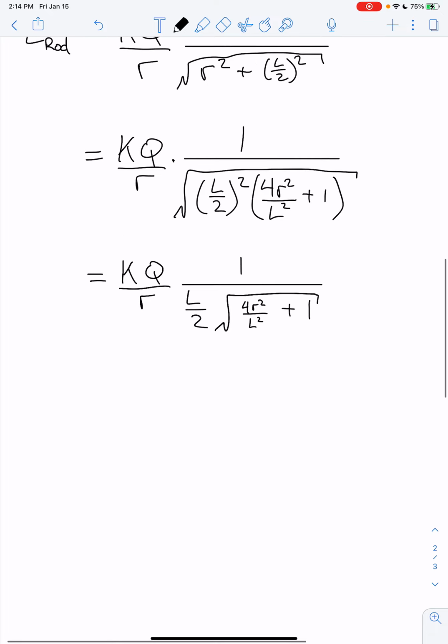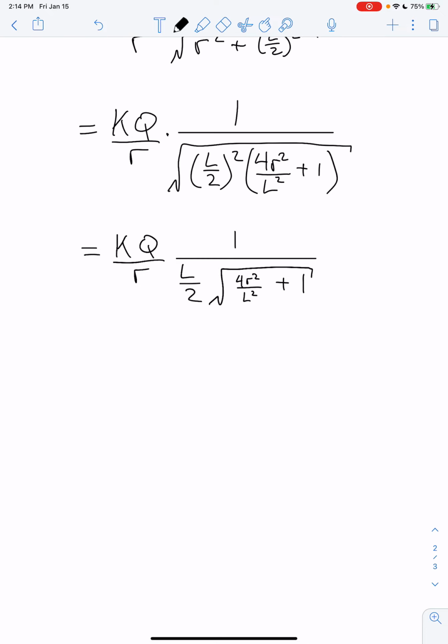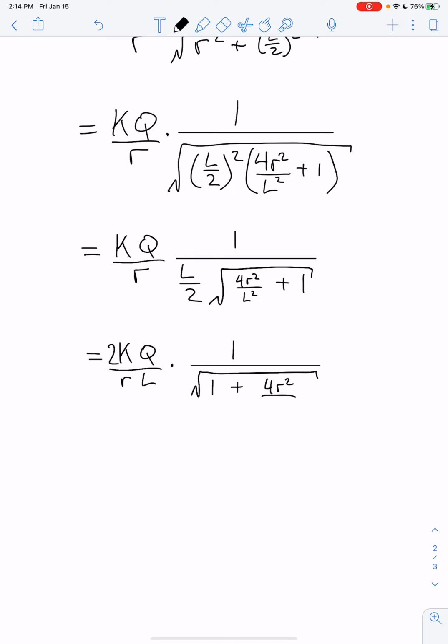What else can we do here? Well, let's do what we planned to do all along. We've got our k, and we can bring the 2 up, so it'll be 2kQ over rL times 1 over the square root of 1 plus 4r squared over L squared.